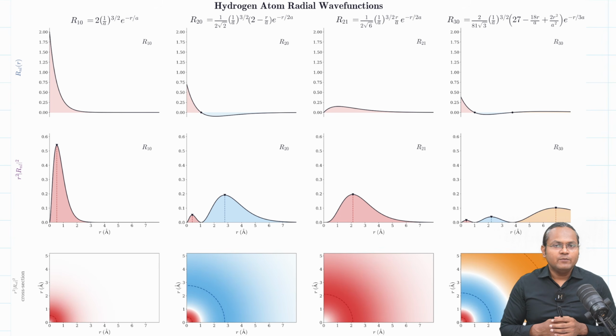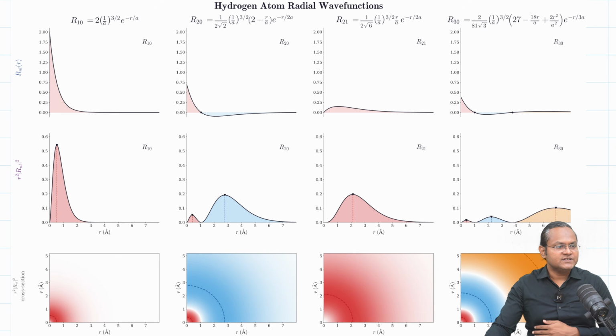So finally, the time has come for us to combine everything that we have obtained together to create the wave function solutions and get an understanding of the probability density distributions for a hydrogen atom. So let's start with the radial solutions.